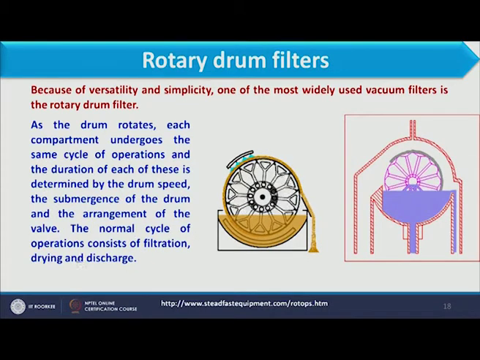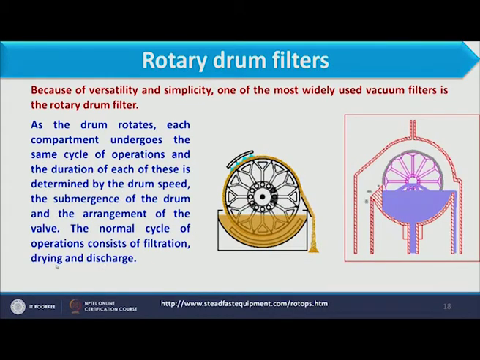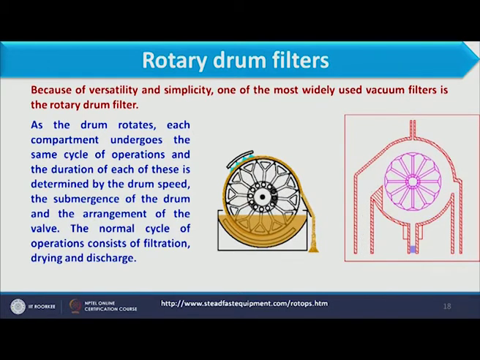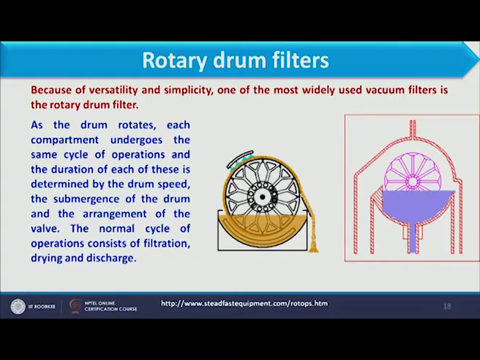The normal cycle of operations consists of filtration, drying and discharge. So you see there are different steps involved in filtration, and all steps are covered in a single rotation of the drum.